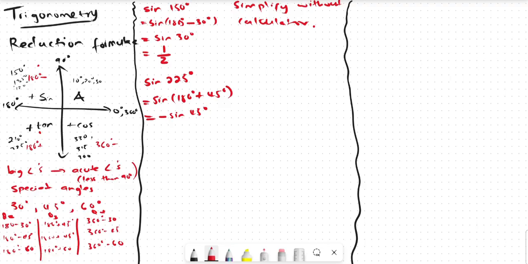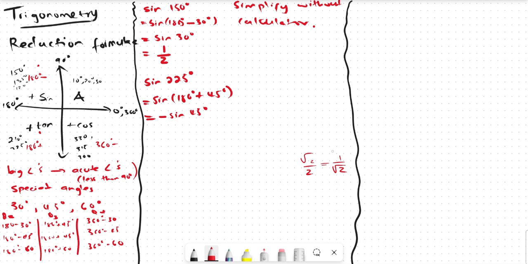Now, root 2 over 2, they will know you used the calculator. So I'm going to give you fast tips. When you use the calculator and you get root 2 over 2, write it as 1 over root 2. The thing was rationalized.